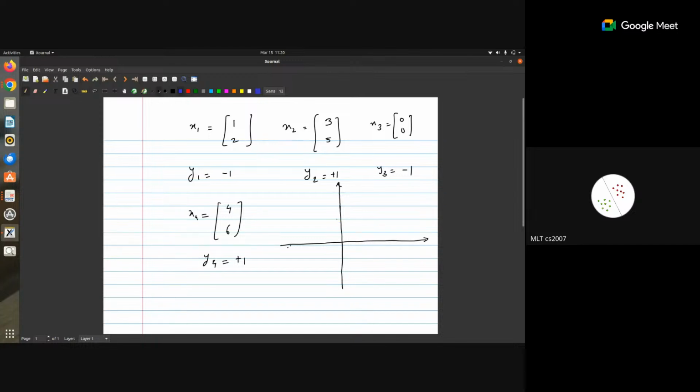The second is 3, 5. I'll say this is x1, this is x3, and then you have 3, 5 somewhere here, and 4, 6 somewhere here. We know the labels corresponding to these. Let's say this is a positive class, and this is the negative class.